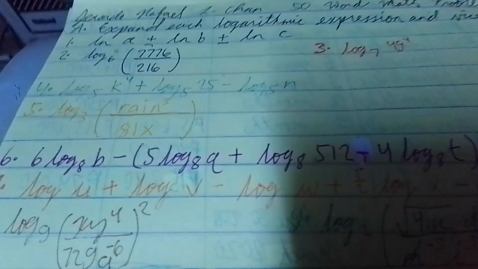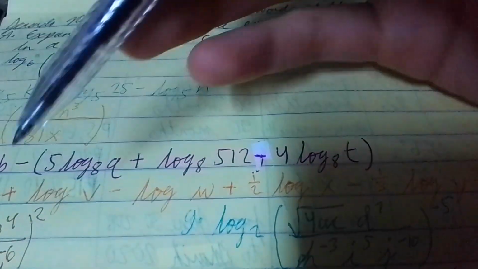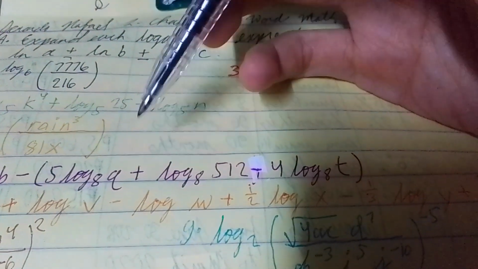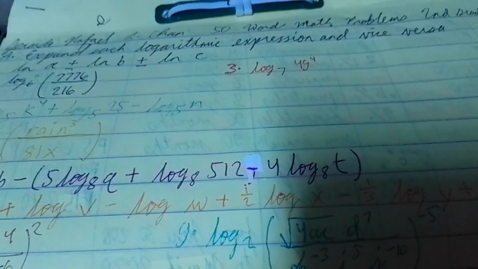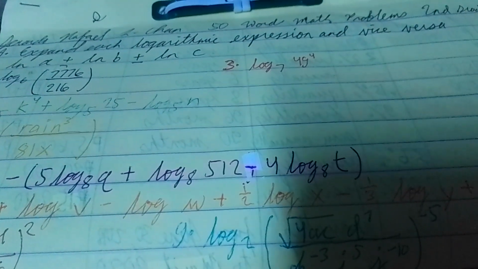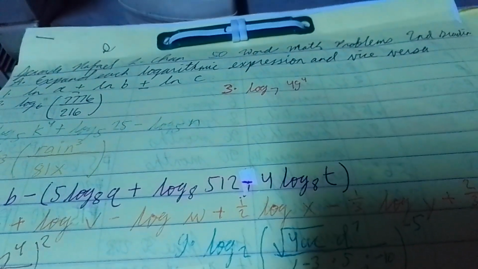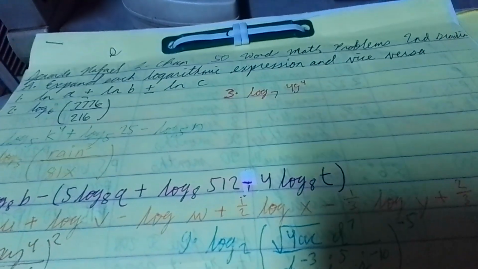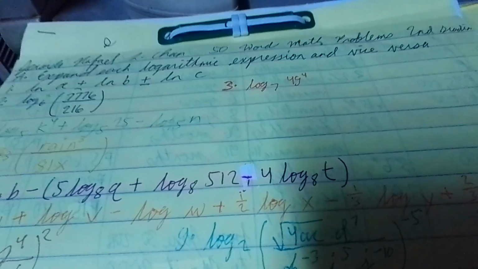Now, is this log written in expanded form or in simplified form? It's in expanded form. How do you know? Because we see one or more logs in the initial expression. Moreover, look, addition and subtraction, yes.